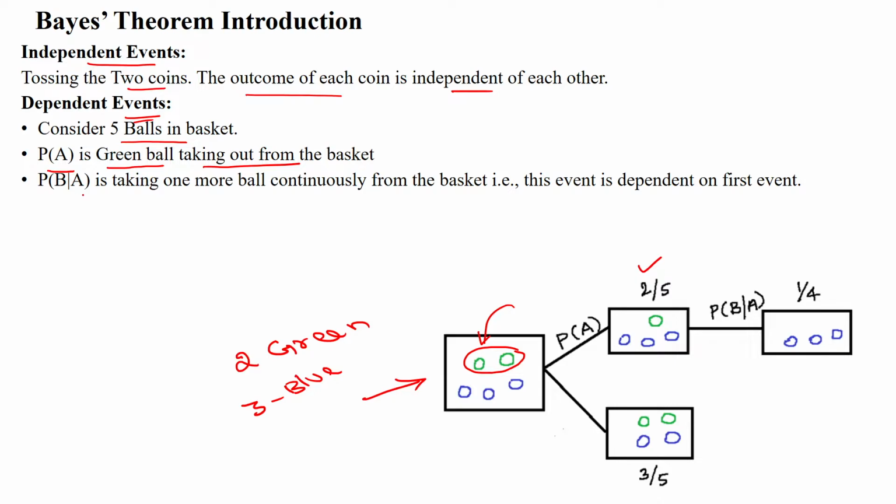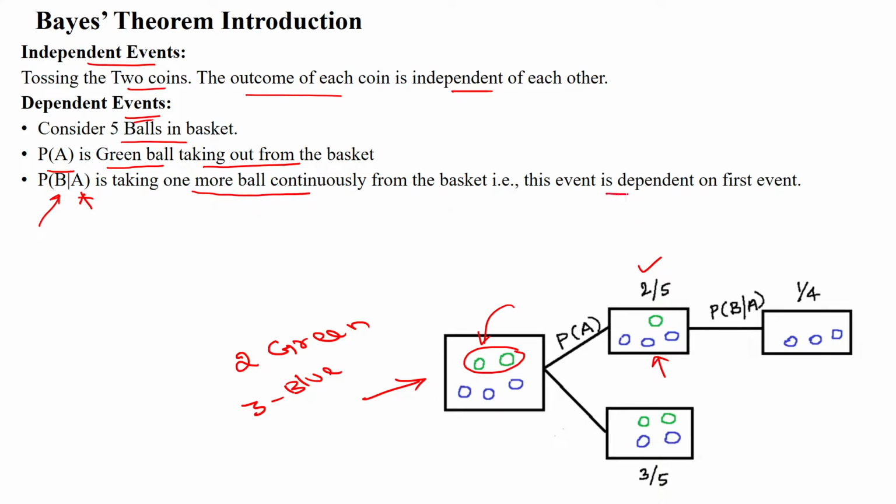Now the event A has already happened. Now we are going to calculate the event B from A. After the probability of A, the basket has 4 balls. Again we are going to take one more green ball from the basket.